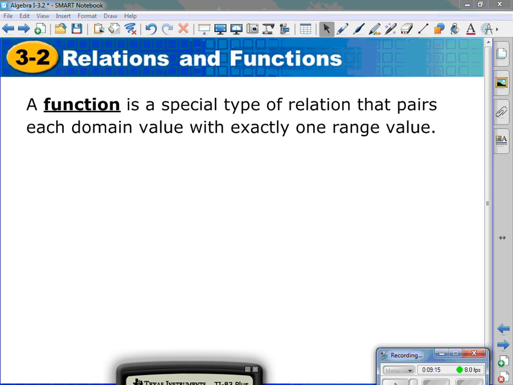The one word I've been saying occasionally is function. It's a very special type of relation. It's where the domain matches up with only one y. Each domain matches up with exactly one y value. The way I like to think of this is like your classroom schedule. How many periods do you have in a day? 8.